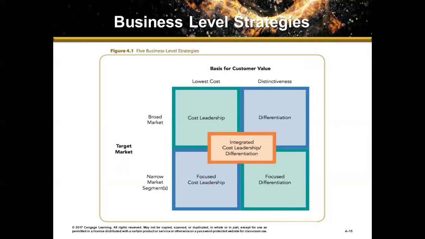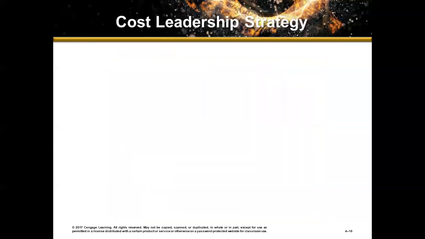But if it's distinctiveness as its basis for customer value, and the target market is broad, then that's differentiation. For a narrow target market with distinctiveness as the basis for customer value, that's focused differentiation. While integrated cost leadership differentiation lies in between these four quadrants.